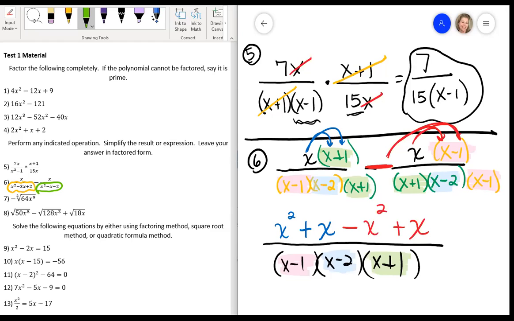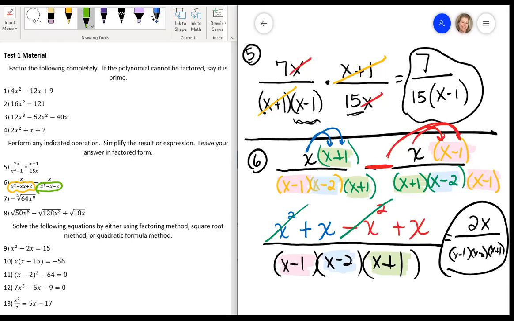And then my x squared and minus x squared cancel out. And so what I'm left with is x plus x, which is a 2x for my numerator. And then I have that same denominator of x minus 1, x minus 2, x plus 1. Sorry, my handwriting's awful right there. Too small.